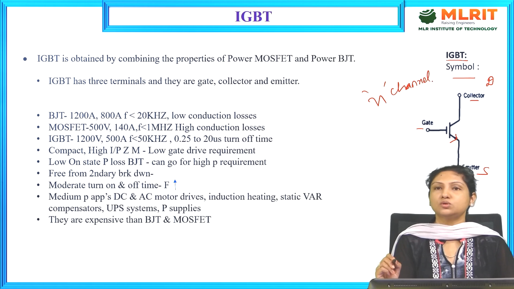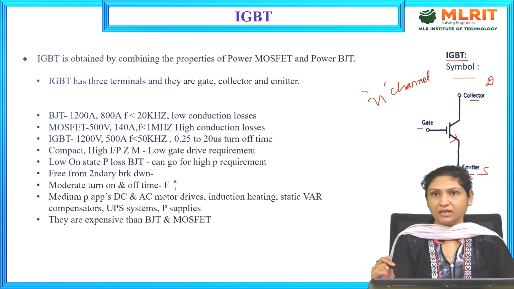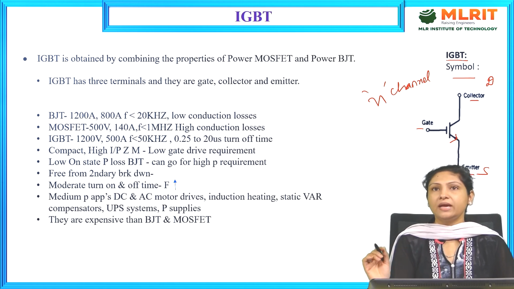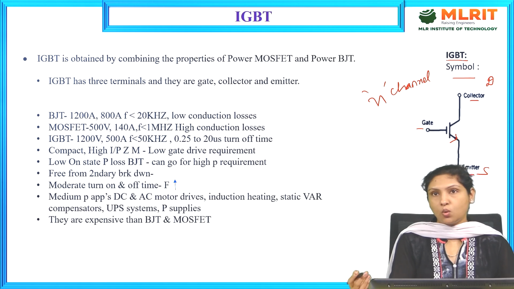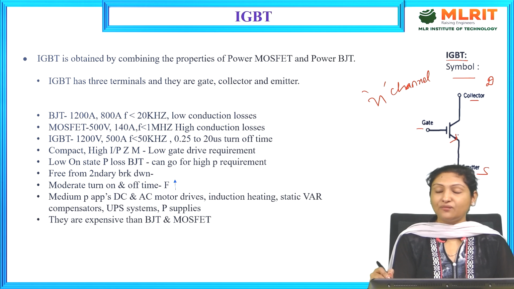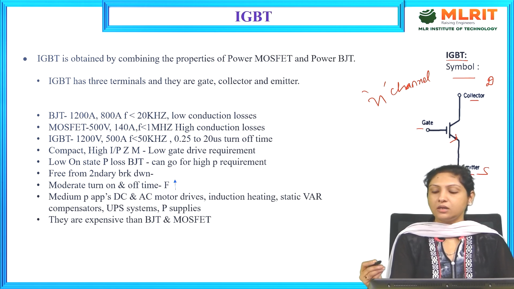We can make use of either P channel or N channel, but in my lecture, I'll be considering only N channel IGBT throughout, in order to avoid any sort of confusion. If it is P channel, the arrow mark will be away from the emitter terminal, and if it is N channel, the arrow mark will be facing towards the emitter terminal.